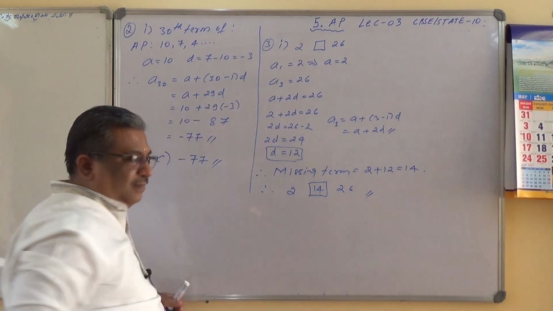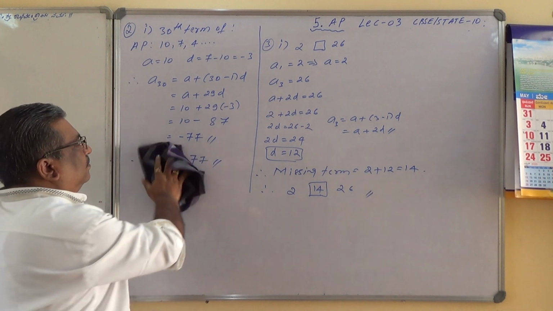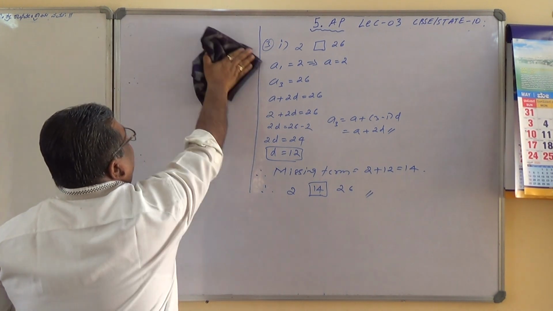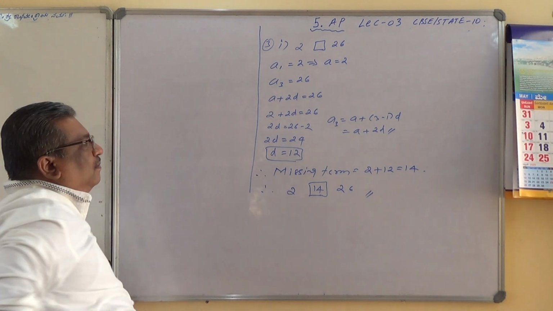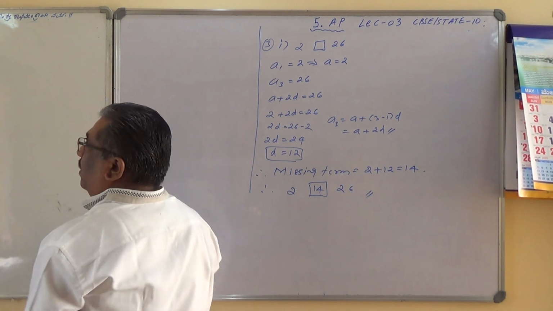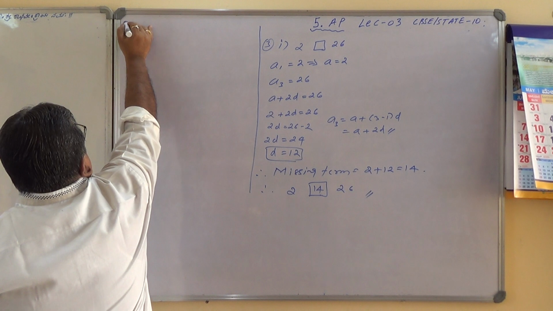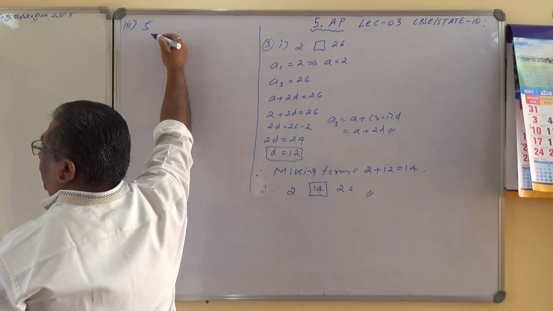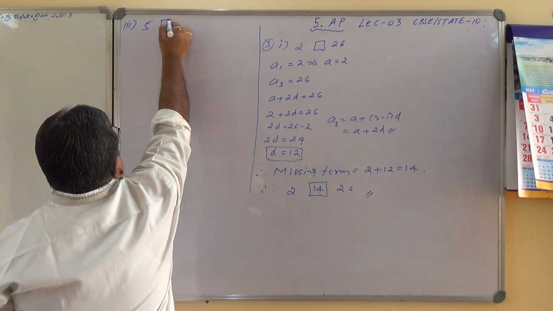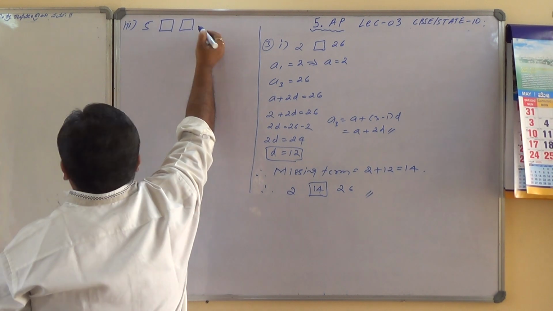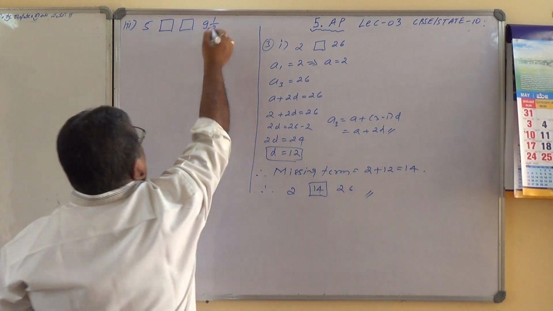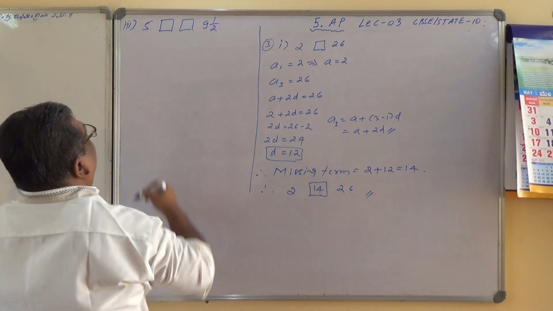Third one here I will solve. 5, two missing terms, and 9 integer 1 by 2.